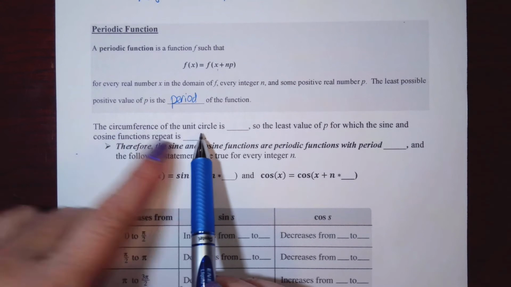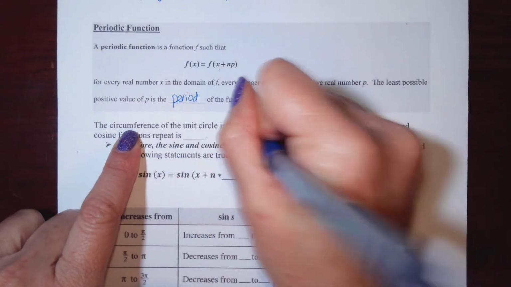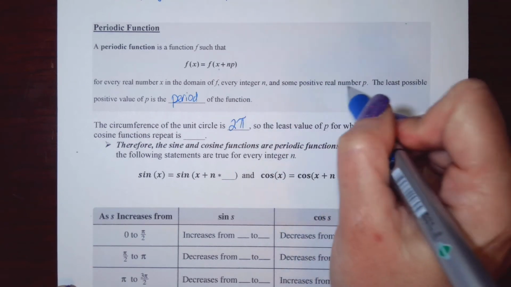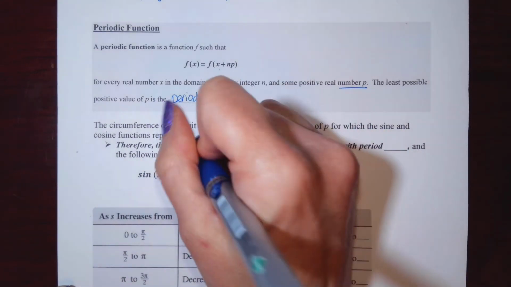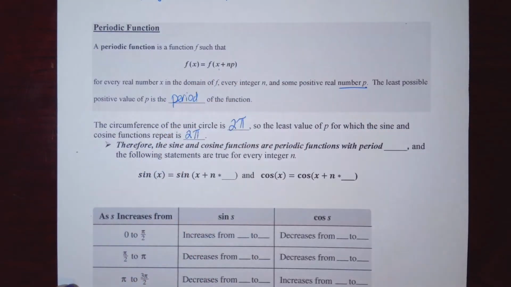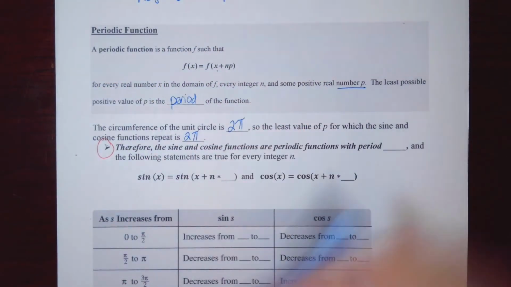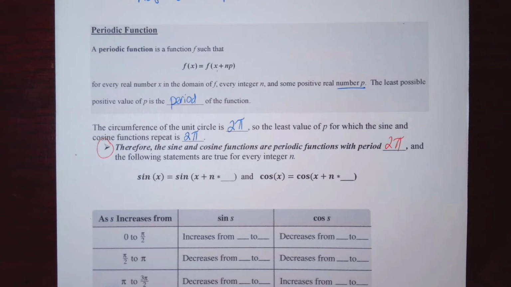The circumference of my unit circle, the distance around my unit circle, is 2 pi. So that least value of p for which the sine and cosine functions repeat is that one rotation, or 2 pi radians. Therefore, we say that sine and cosine are periodic functions with a period of 2 pi, and the following statements are true for every integer n.